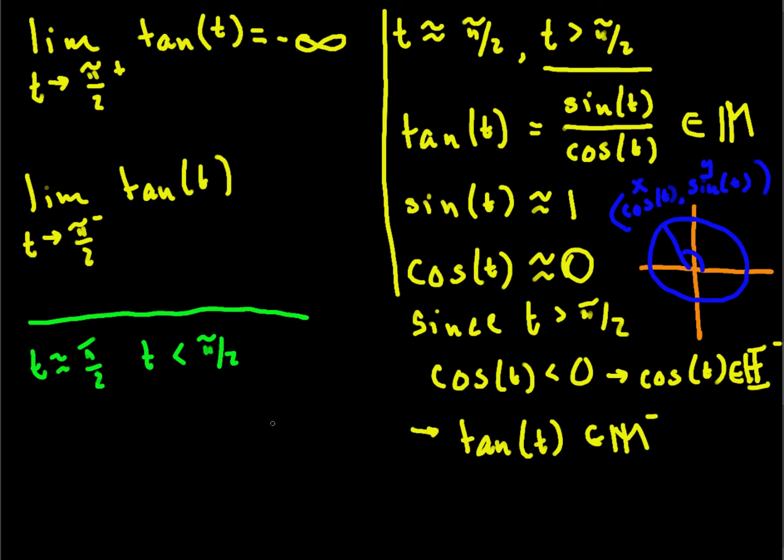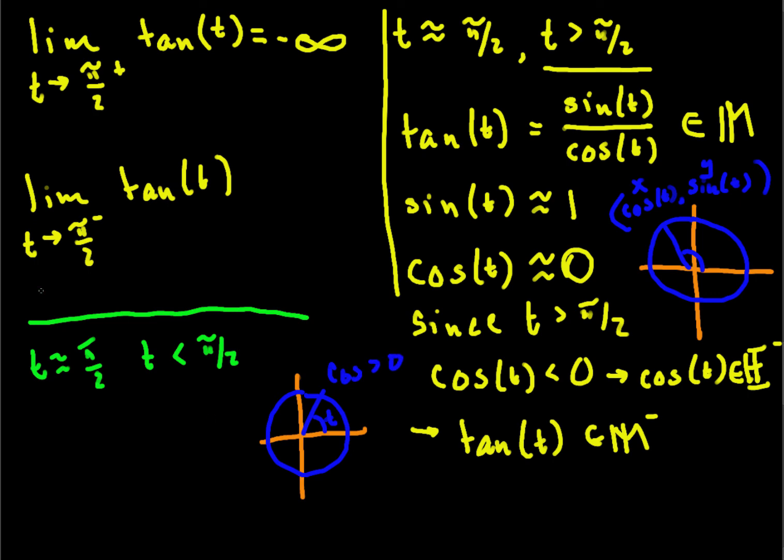Now if we're looking at our unit circle and at an angle t less than pi over 2, then over here cosine is positive.